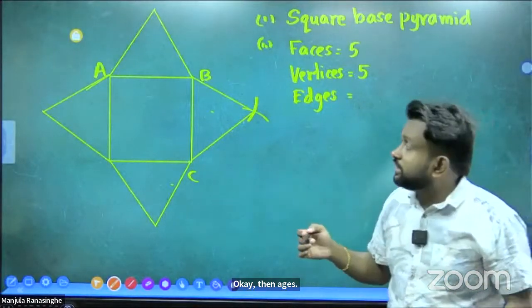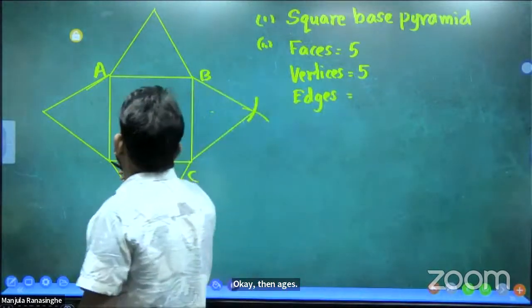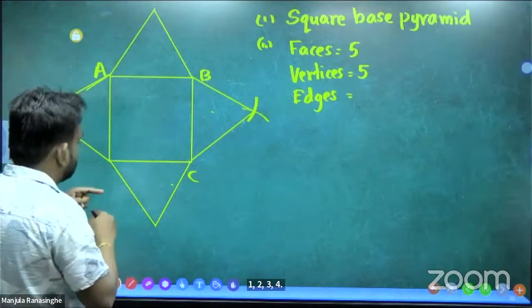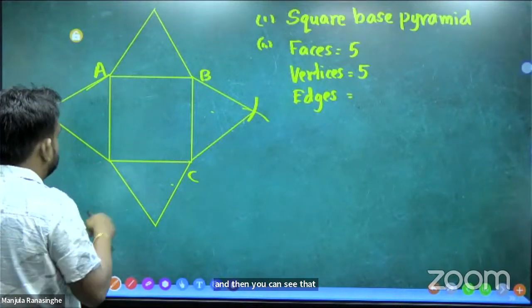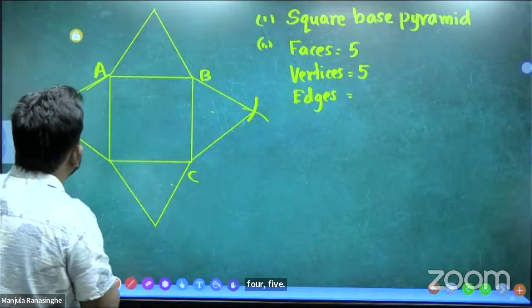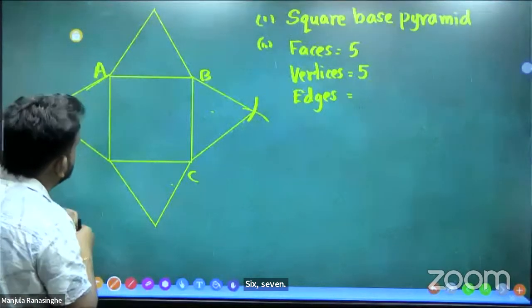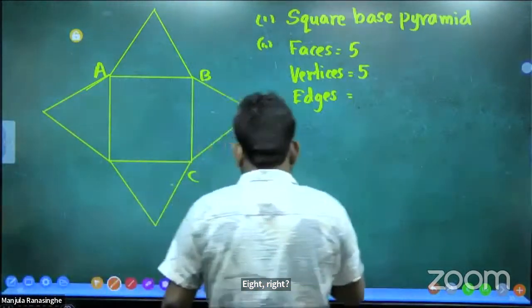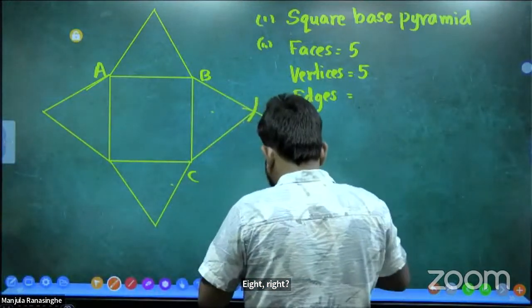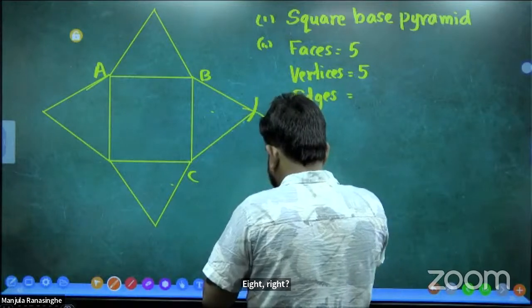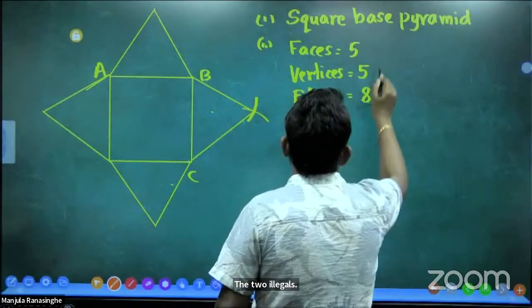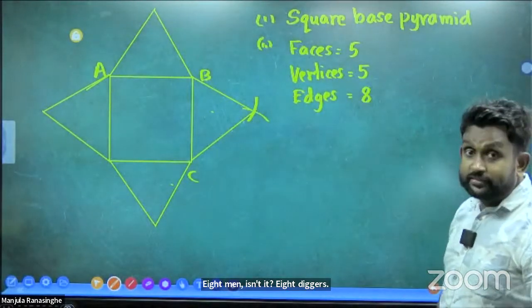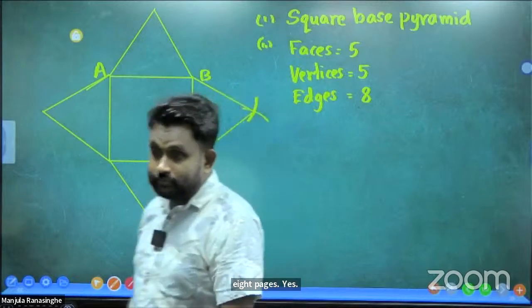These straight lines: 1, 2, 3, 4, and then 5, 6, 7, 8. So 8 edges.